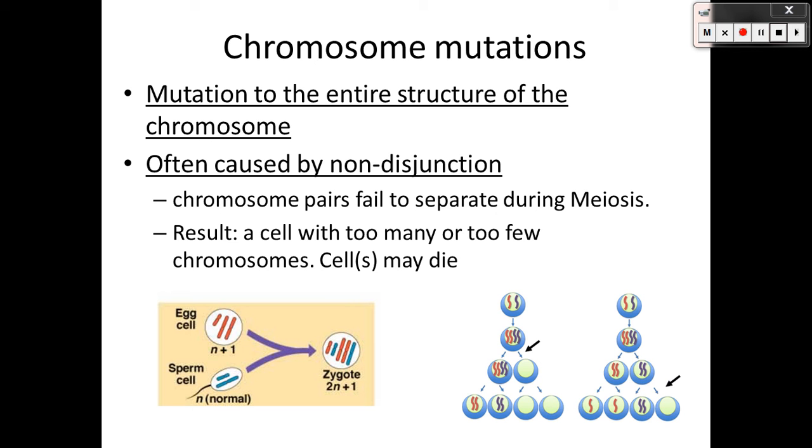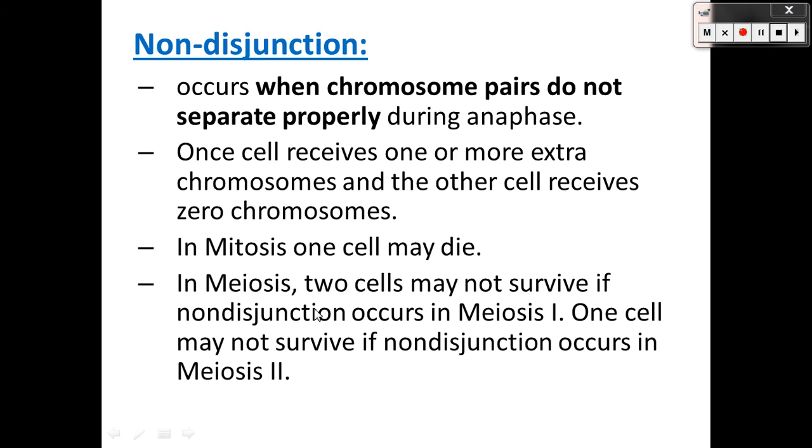Alright, so usually what happens with this then is there's a mutation usually in the entire chromosome. And like I said before, it can cause a lot of problems. This is usually what leads to chromosomal mutations.